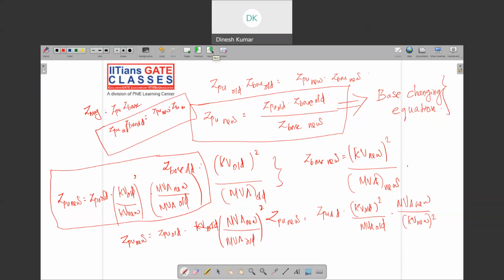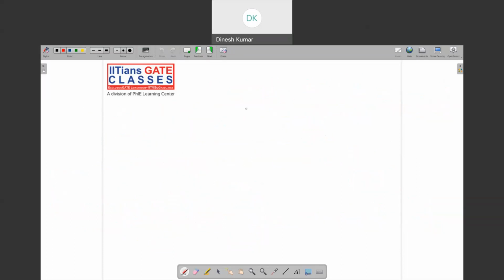Okay, so I hope you understand the concept of per unit, and there is another aspect of per unit in power system. Assume that we have a generation and distribution system. So this is basically a generator, and we have a transmission line. Then we have a double circuit transmission line, and this is basically a transformer.